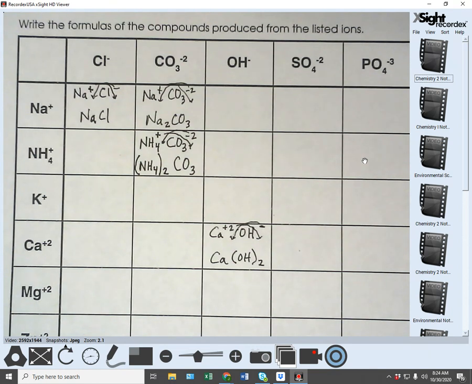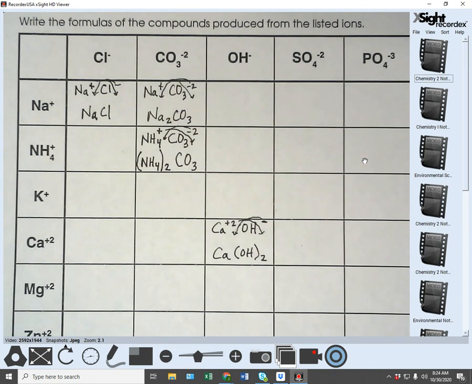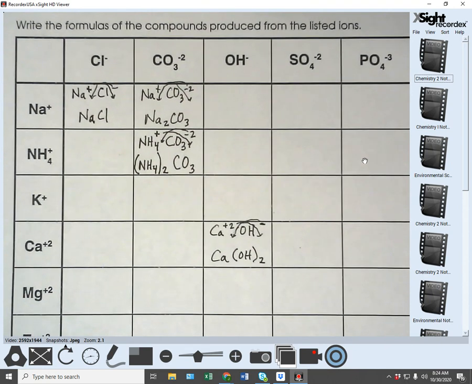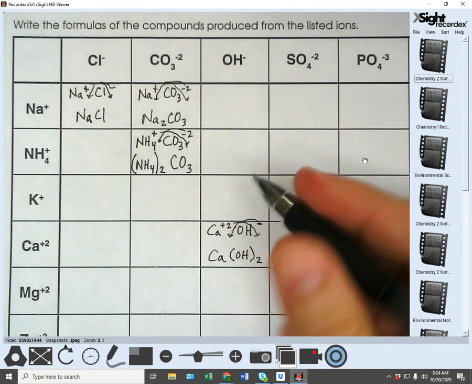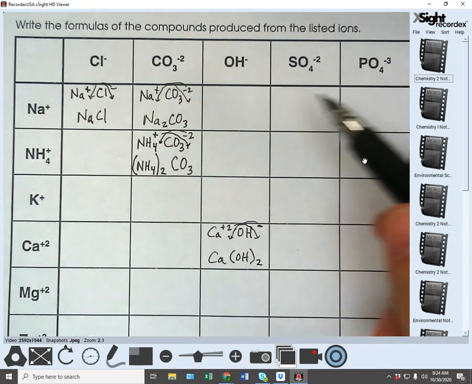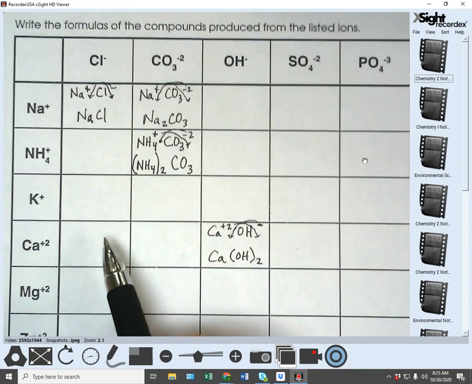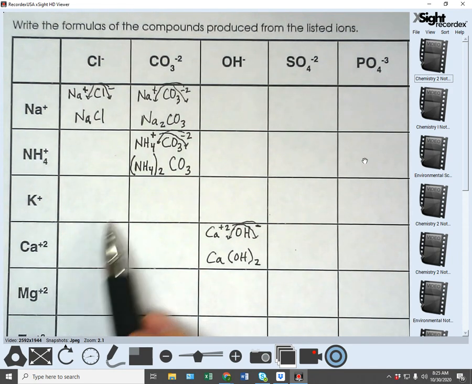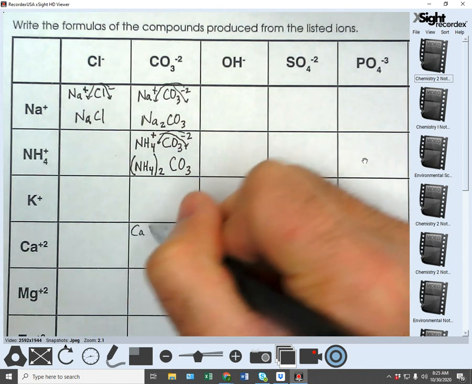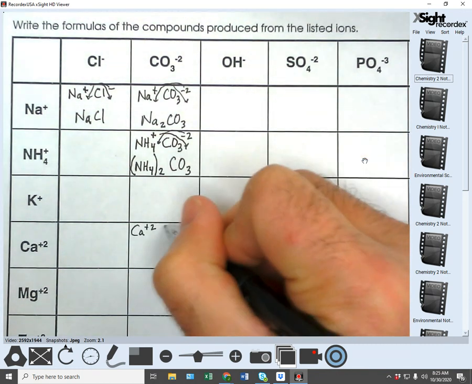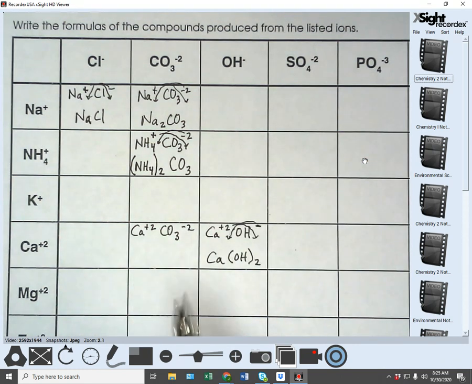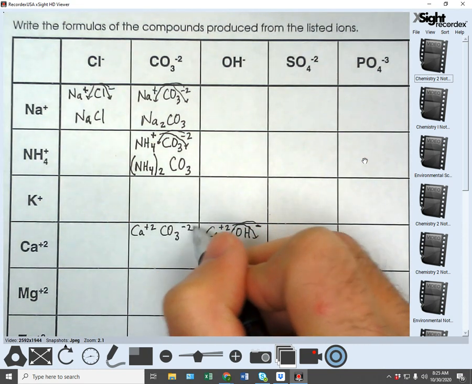All right. Let's see. What else? Really, the only other thing is just watching out for reducing. So, like, if we do here the calcium, so the Ca plus 2 and the CO3 minus 2, we can reduce those charges, divide them both by 2.